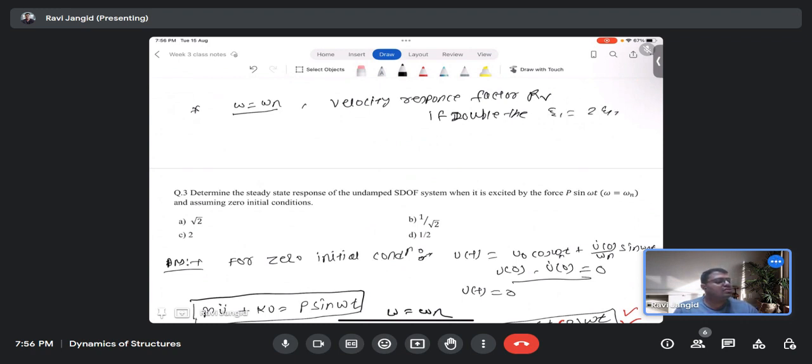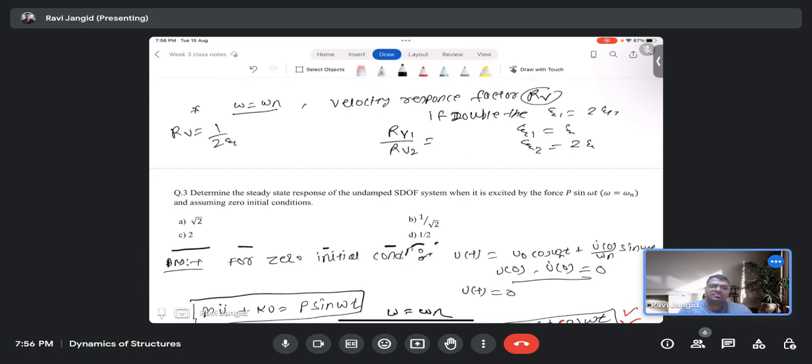In one case my xi 1 is xi, in the other case xi 2 is 2 xi. What is the ratio of Rv1 to Rv2? These are the four options you have. In the resonating condition we have discussed, Rv was 1 over 2 xi.